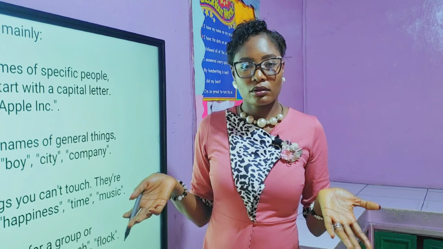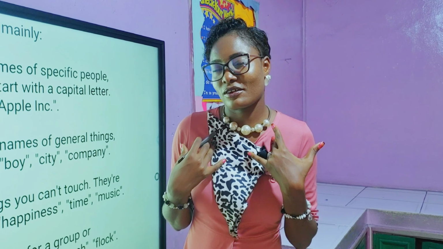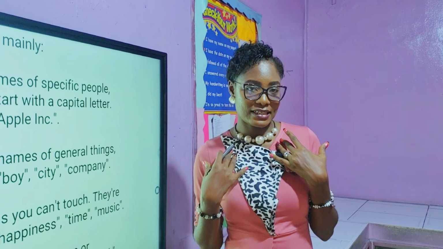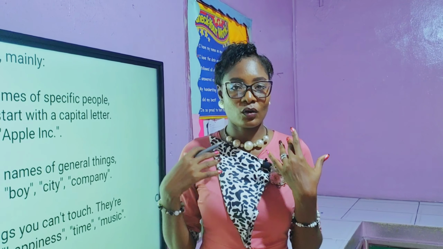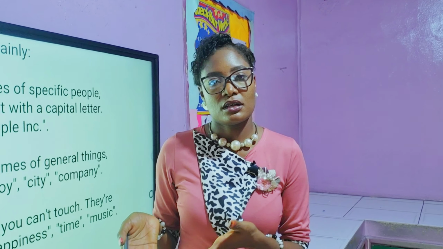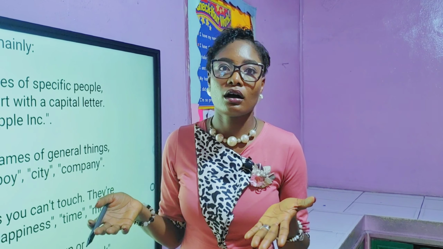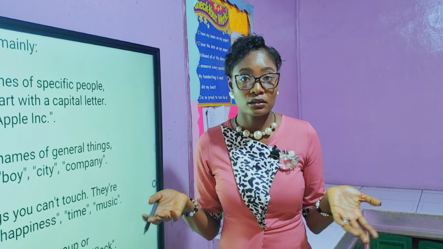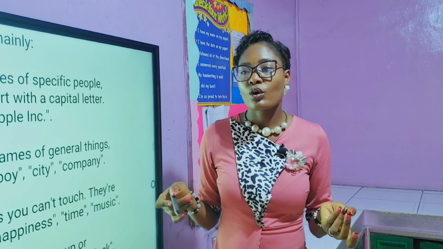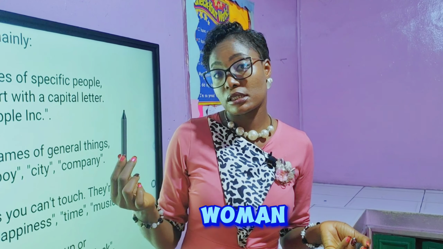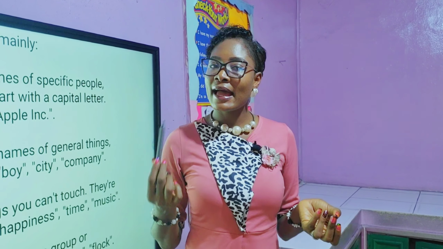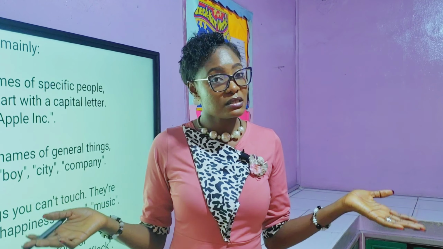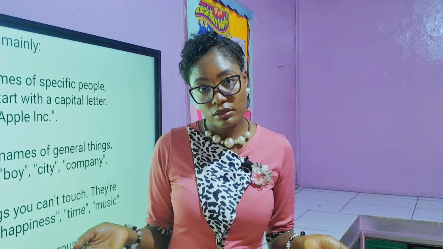So anything that doesn't have a particular name specifically for it, what it is called is a common noun. For example, I used myself in the first example, I'm going to use myself again. I'm a lady, okay, or a woman. There are over 1 million, maybe billion women in the world. So the word woman is a common noun which refers to all of the female species on Earth.